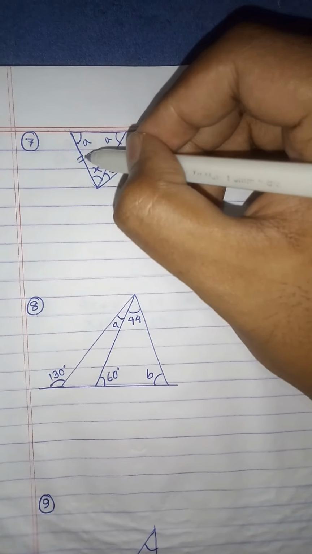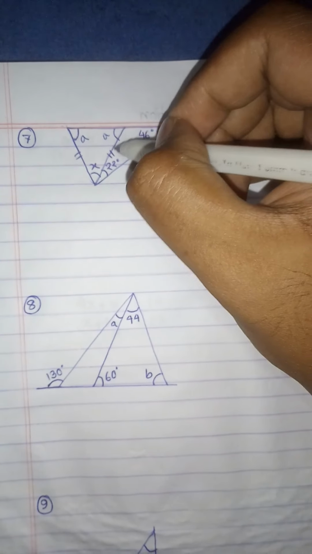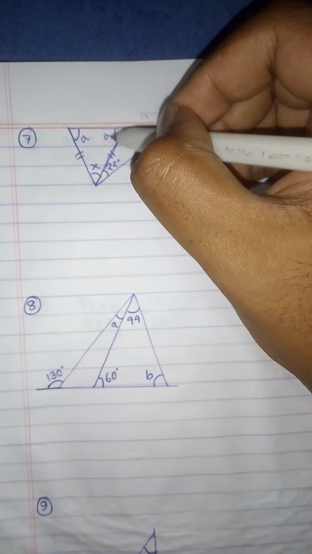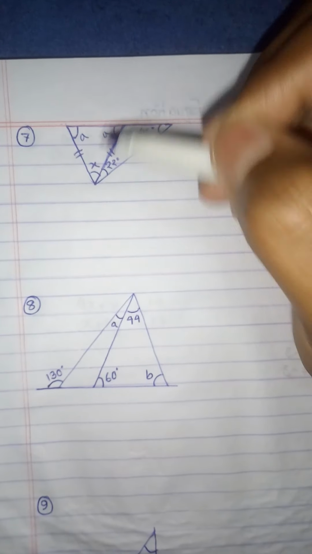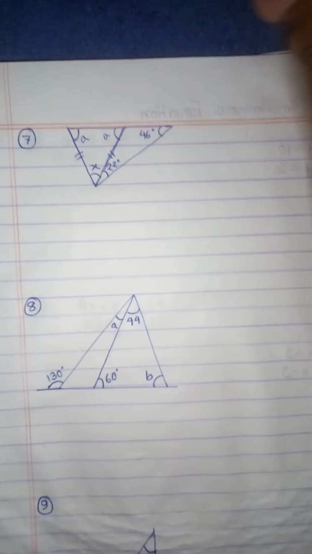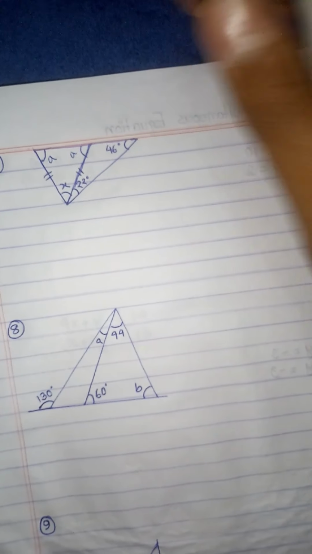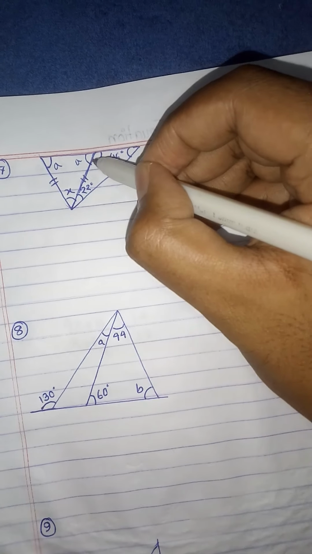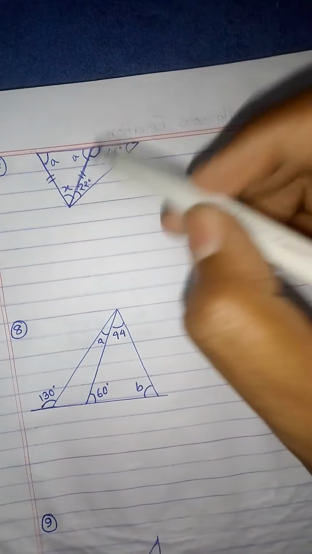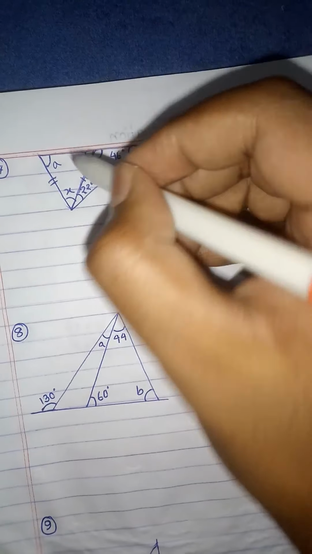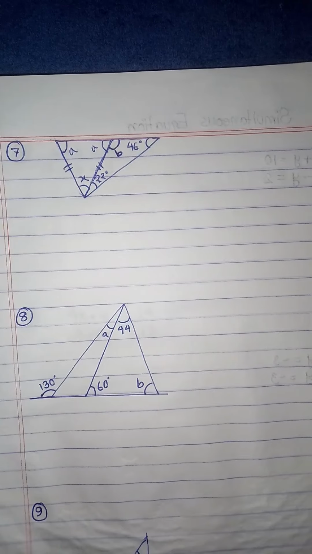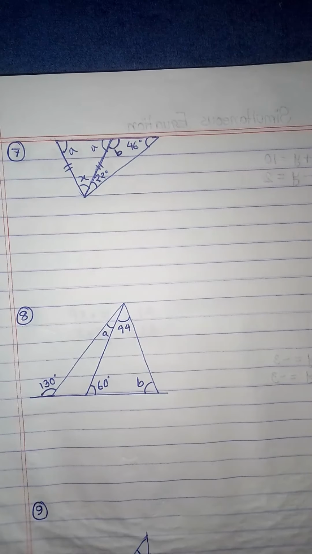Since they are indicated like this, the lengths are of equal value, so the angles A and A will also be of the same value. First of all, for finding out A we need to find this value. Using 22 and 46 we need to find out this unknown side. Suppose this is B. As I have told you earlier, you can take imaginary angles to find out the value of the unknown sides.